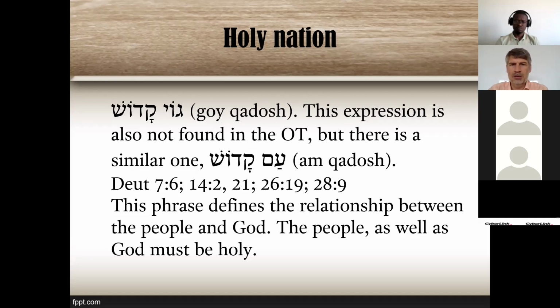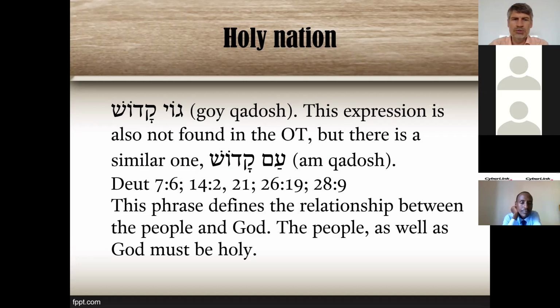Sometimes you can find some, I don't want to say speculations, but some kind of distinction between these two words, Goy and Am. And it is well known that in later Hebrew, the word Goy was used to address the people who are not the Israelites.